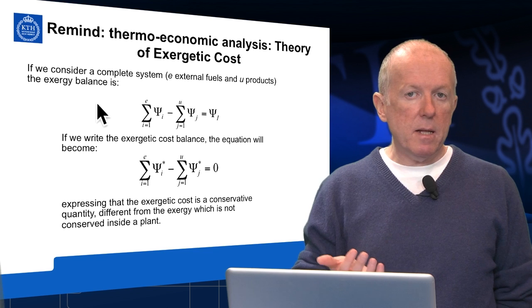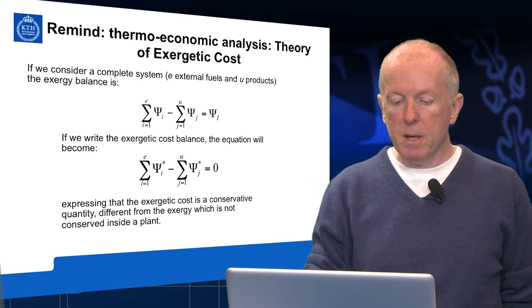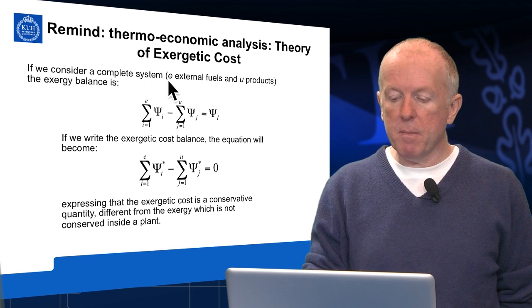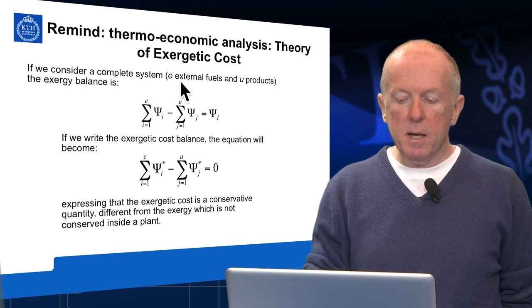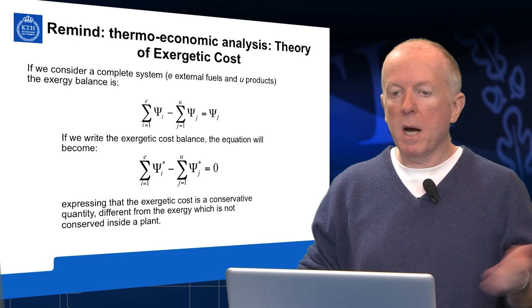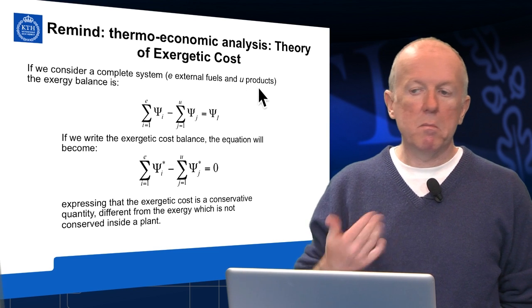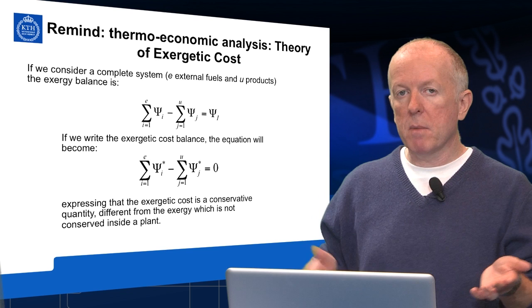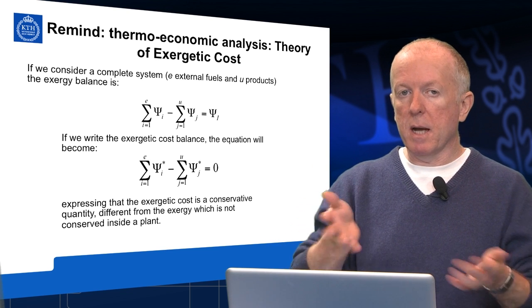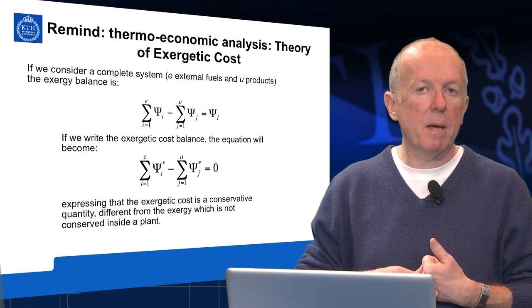We have to generalize it, moving from one single component to a global system. A complete system has E external fuels, for example a fuel of methane, solar irradiance, or a chemical fuel, and U products, for example electric power, heat recovered in a CHP application, or another form of chemical.